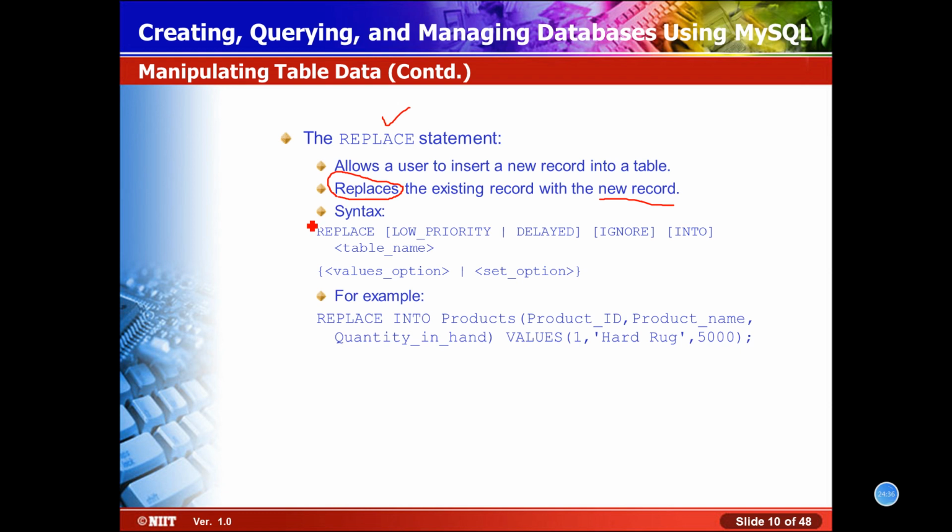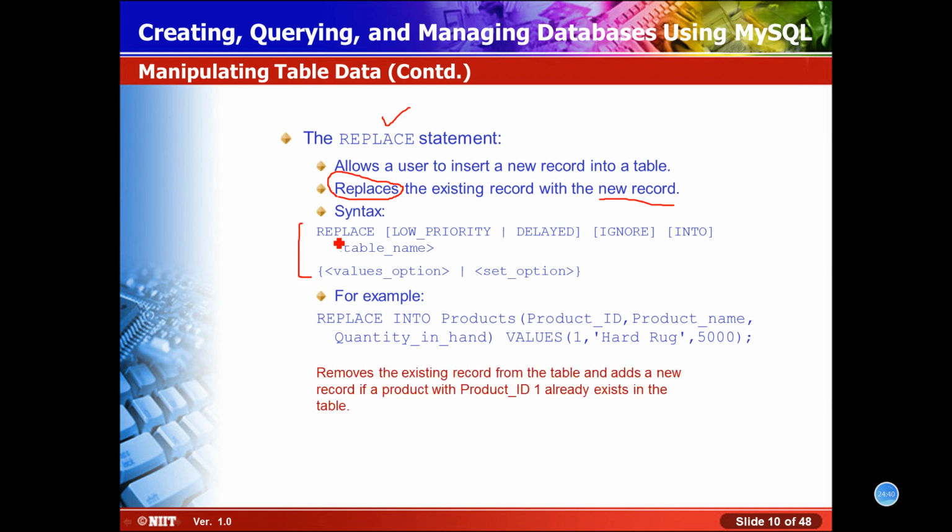Syntax, how to use it? You can look at this syntax. You have to use replace. You can use low priority or delayed if it is not very important and you want to run the query in the future. But it is not compulsory. It is not necessary that you must use it.